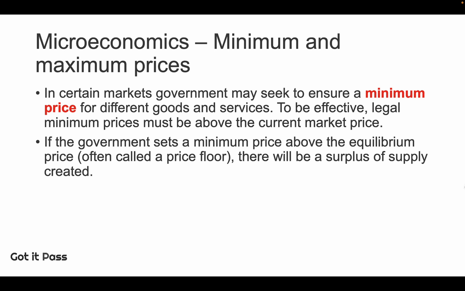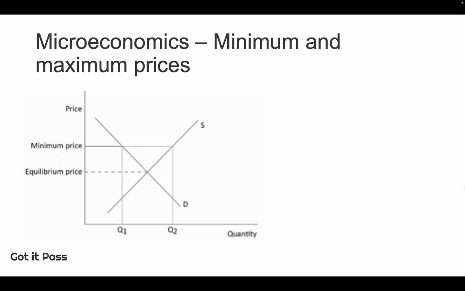And if the government sets the minimum price above the equilibrium price, there will be a surplus of supply created. So here is an example. We set a minimum price above the equilibrium price.